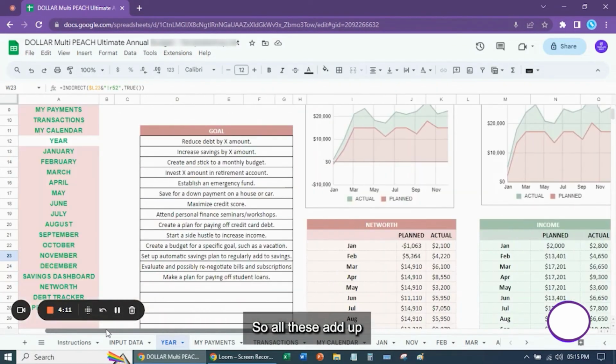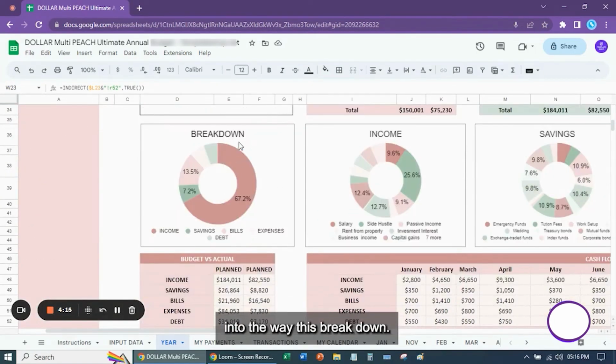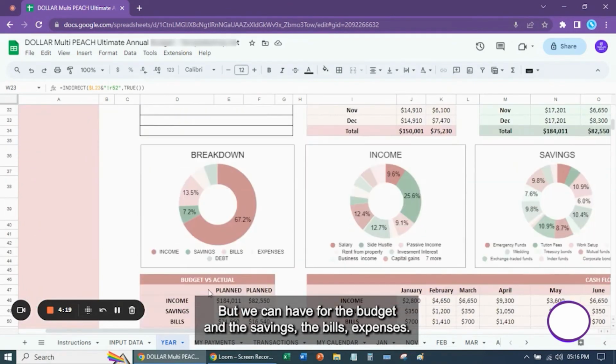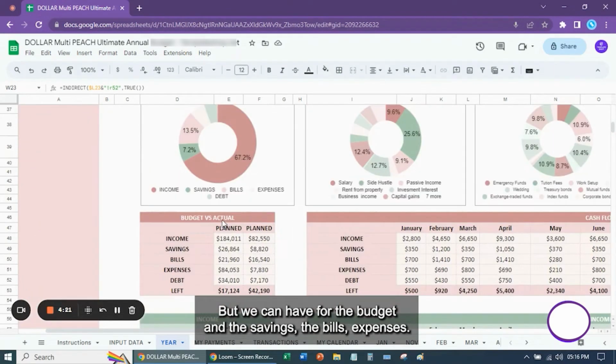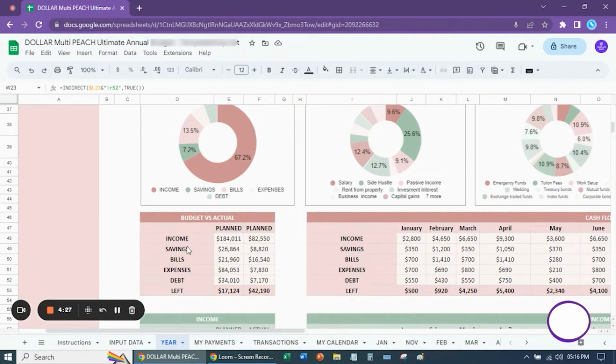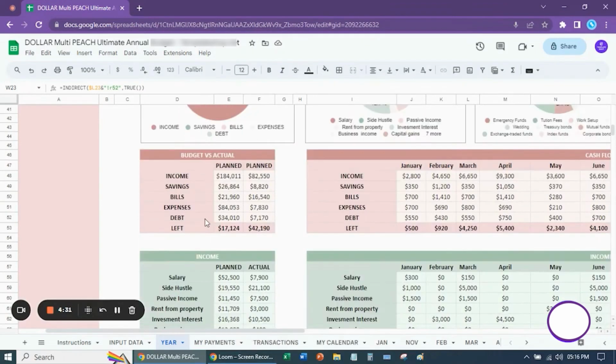So all these add up into the various breakdowns that we can have for the budget and the savings, the bills, expenses. So here we have the budget versus the actual: income, planned, savings, bills, expenses, debt, and what is left.